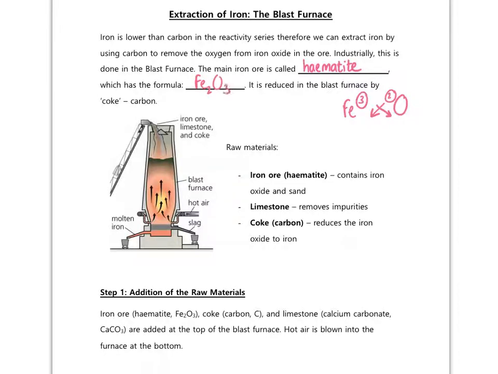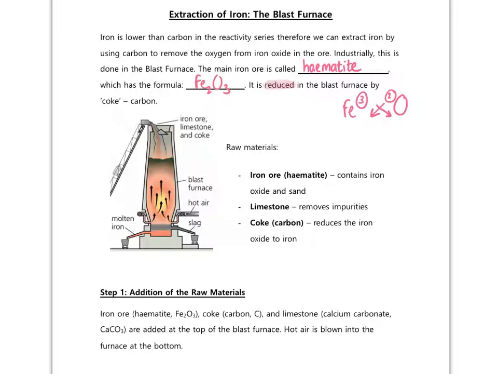There are other impurities in the hematite ore of iron, which we'll come back to in one of our reactions in the blast furnace. But it's iron 3 oxide, so you need to know that it's Fe2O3. It undergoes reduction in the blast furnace using coke, which is a form of carbon.